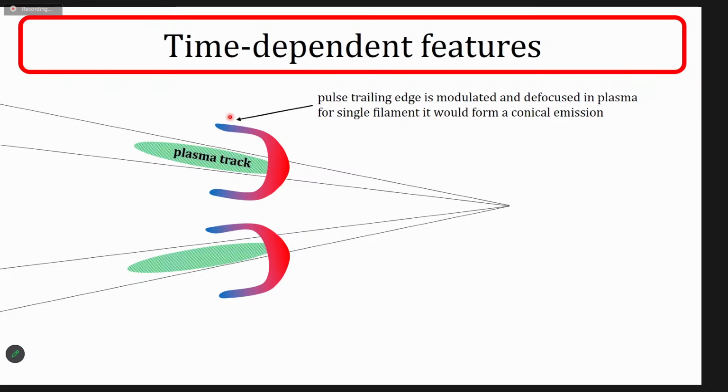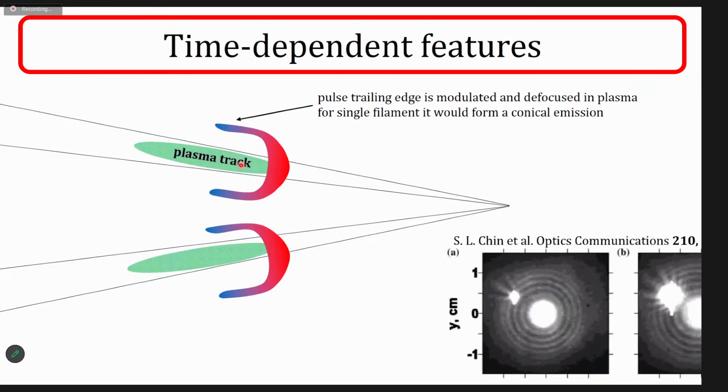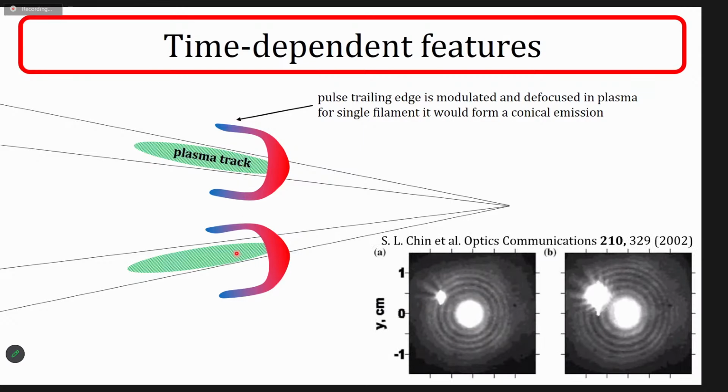It propagates in the form of conical emission, and when there are several filaments, their conical emissions intersect, and in this work, the interference of the conical emissions from different sources, from different filaments, was observed quite nicely, and this is the core phenomenon that leads to the child filament formation in the multiple filamentation.